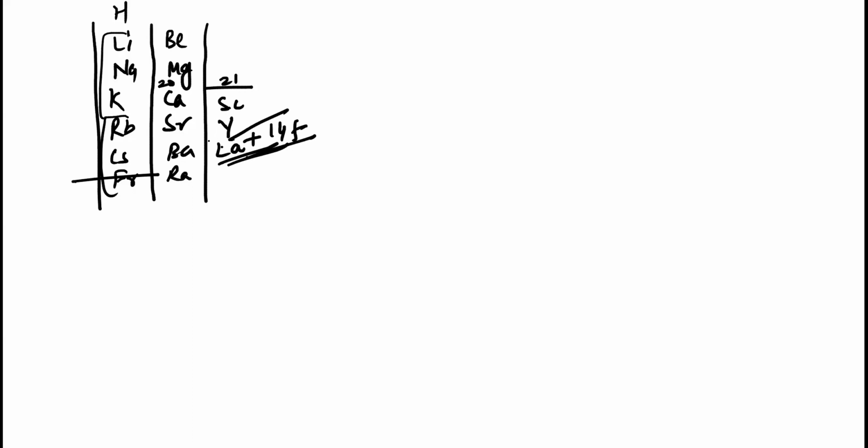Yes. And it is also going to have 89 actinoid, and actinoid plus 14 elements of this one also. So 4 plus 14 plus 14, that is 32 elements. So this is the only group that is going to have the maximum number of elements. Understood?